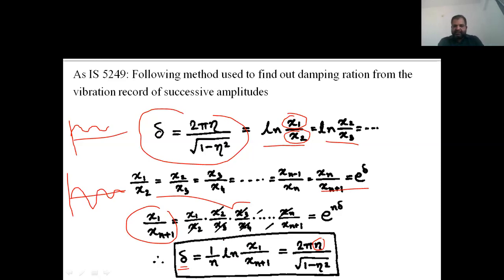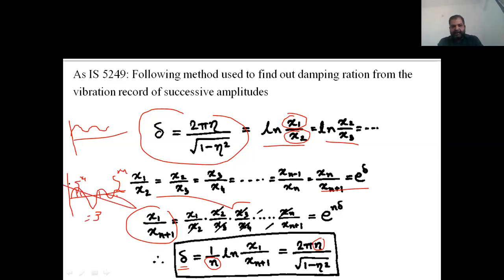How will you do this? What is the purpose of this? Basically the n value comes into this. This n represents the number of cycles over which this particular amplitude has been recorded. So for example, suppose I know this first amplitude, which is x1, and I know this amplitude afterwards, let's say this is my xn amplitude, right? And if this is the 1st, 2nd and 3rd cycle, then my value of n is equal to 3, and so on.